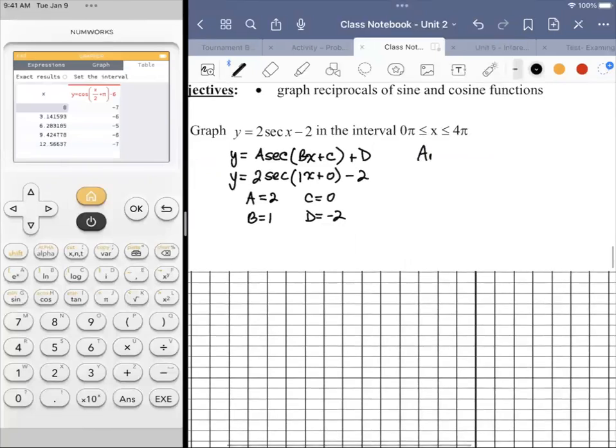We identify the amplitude, 2, and the period, 2 pi over b, which is 2 pi over 1, which is 2 pi. Phase shift is irrelevant because the c value is equal to 0. The d value, which is the vertical translation, is equal to -2, and that's going to be shift down 2 units.